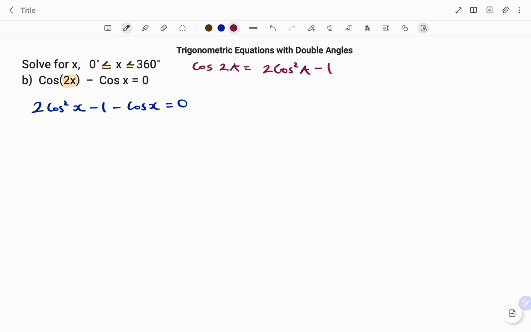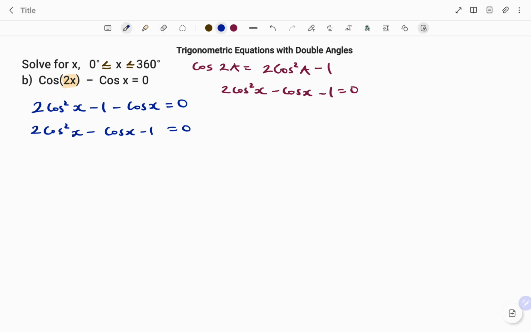Note that to factorize, this is similar to your quadratic equation. If I rewrite that, I have 2 cos squared x minus cos x minus 1 equals to 0.